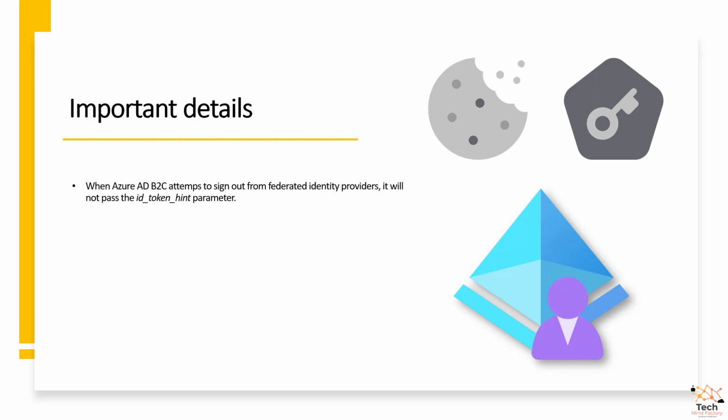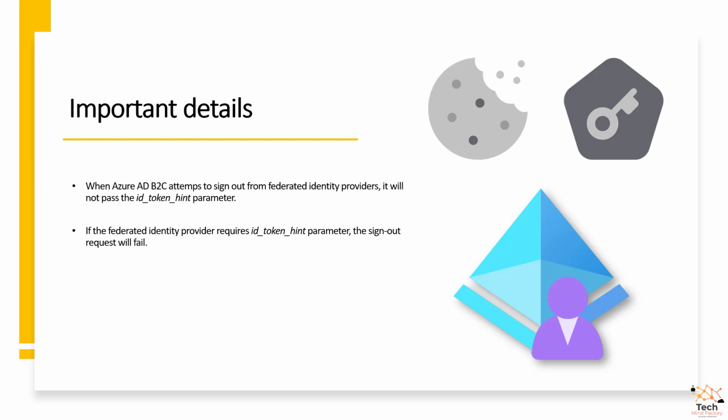When Azure AD B2C attempts to sign out from federated identity providers, like Facebook or Google, it will not pass the ID token hint parameter. It's very important. If your federated identity provider requires the ID token hint parameter, the sign-out request will fail.